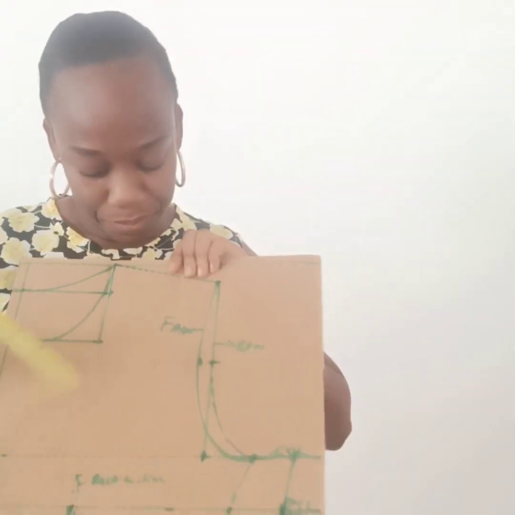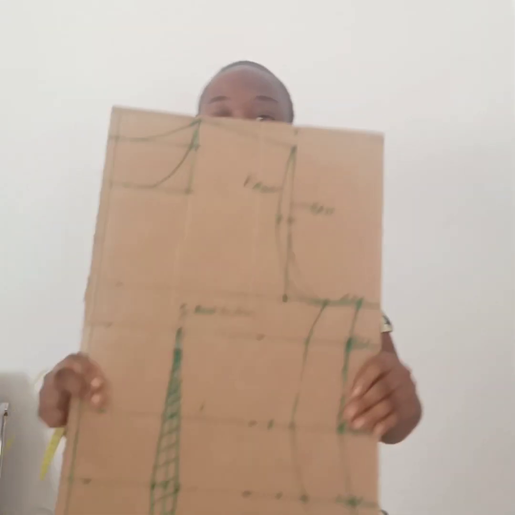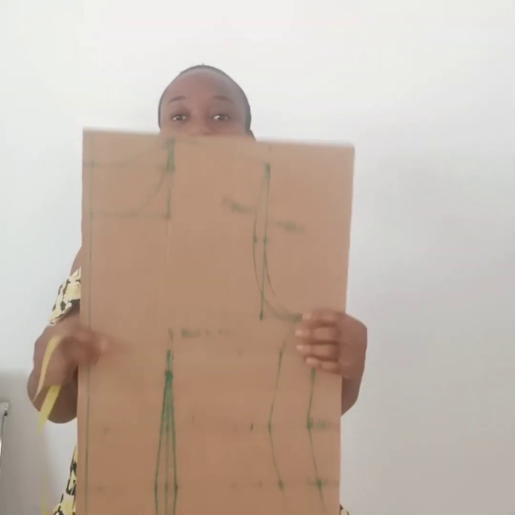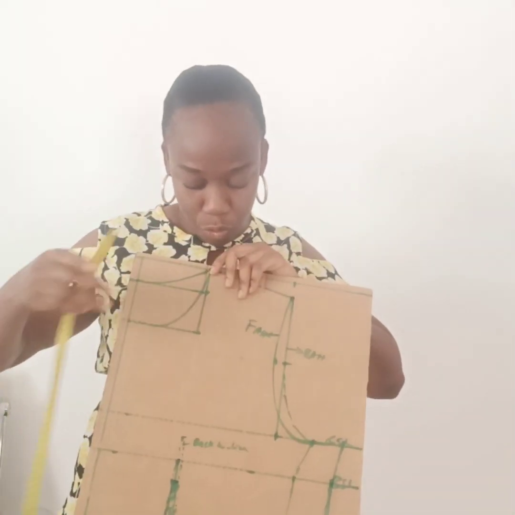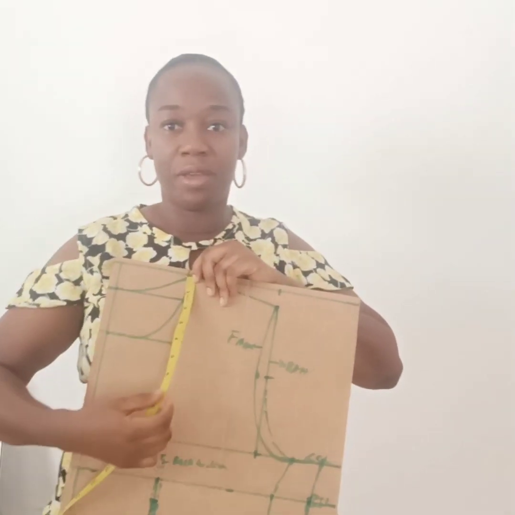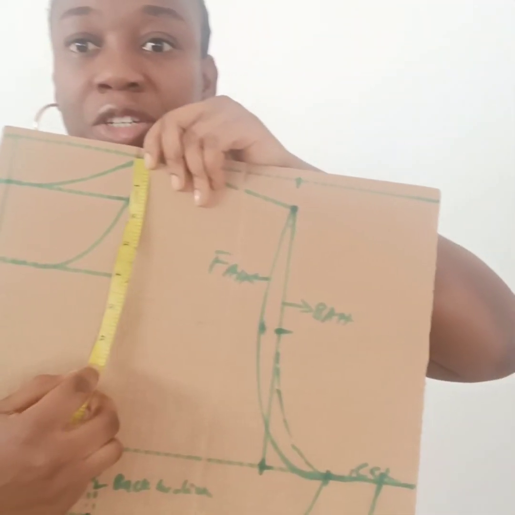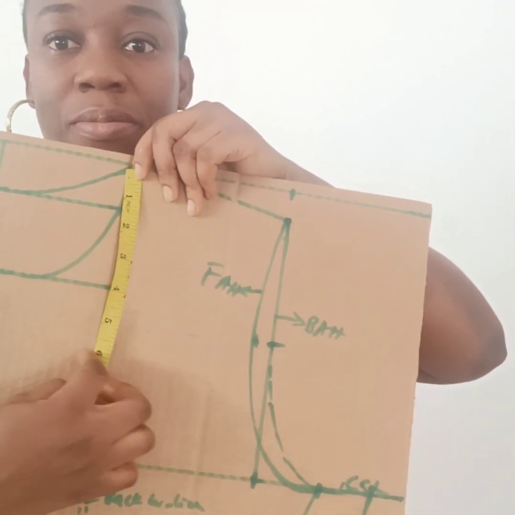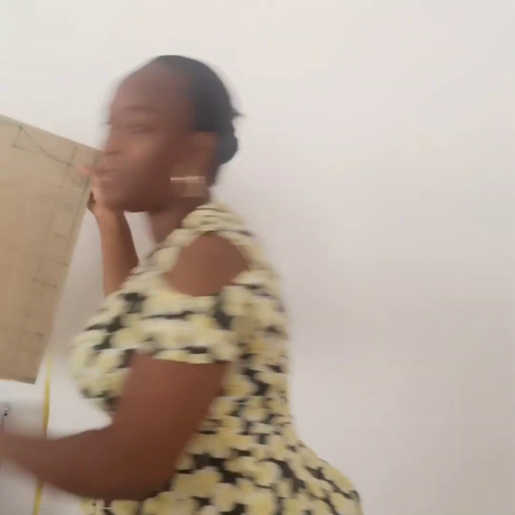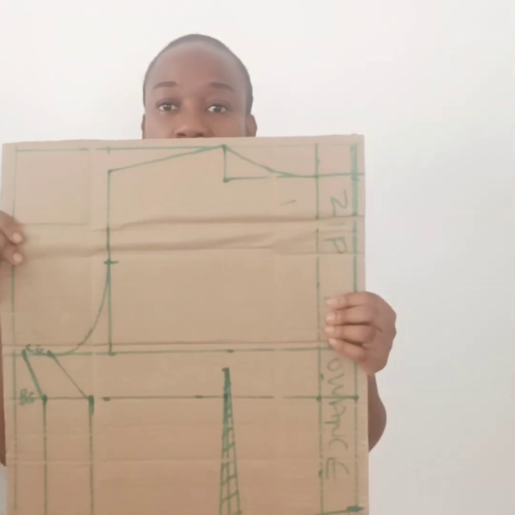So if you already have a basic bodice pattern like this, you can convert it to an off-shoulder pattern. What you simply do is measure from the shoulder how much you want off, and then just cut that place off. As simple as that. The same thing for the back bodice.